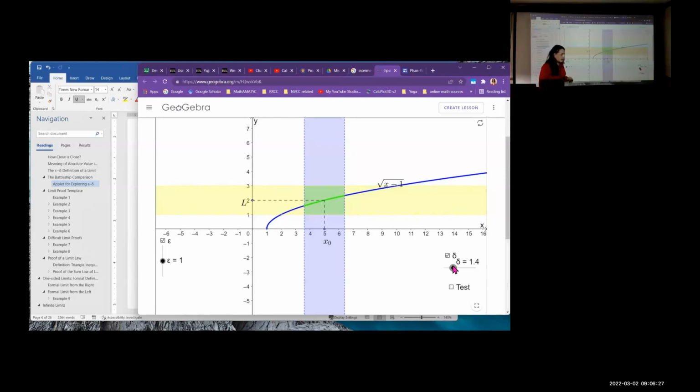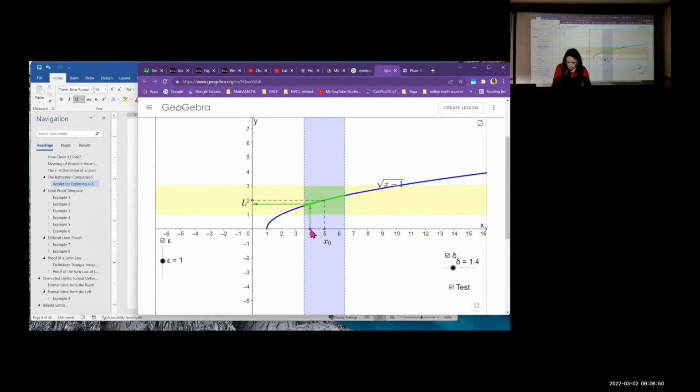All right. I've never played with the test. I'm not sure what the test does. Okay. Test just tells you where a particular point is falling. So if I want to test this point right here, interesting. How do I get the test point to move? There we go.